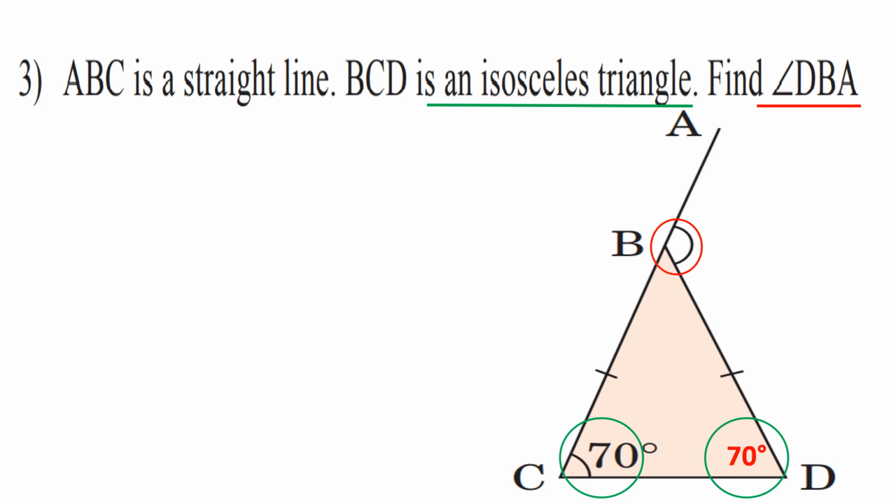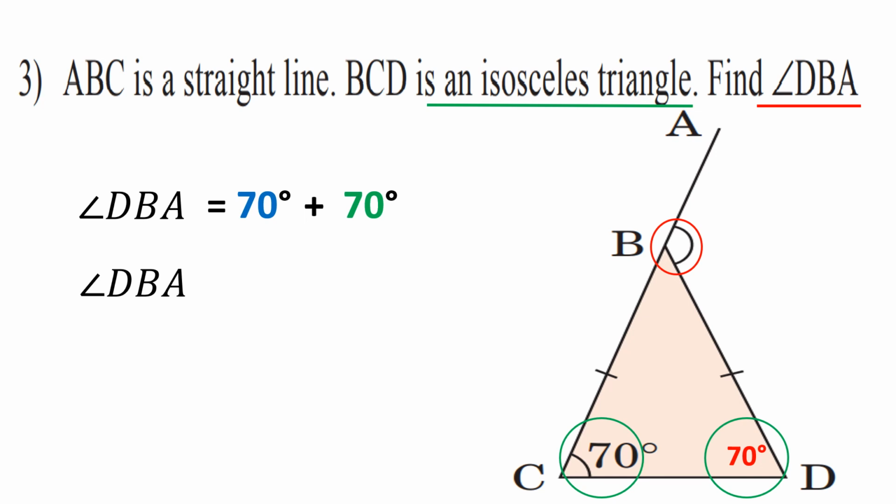Now, to solve for angle DBA, you add 70 plus 70, the interior opposite angles. Correct, students? The angle DBA is equal to 140 degrees. This is your answer for number 3.